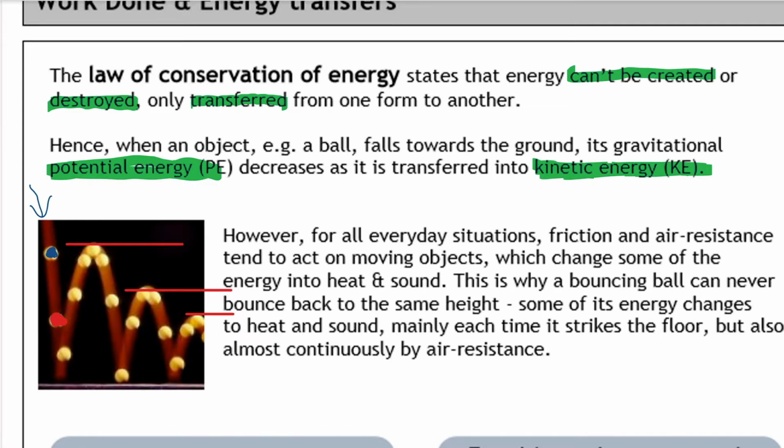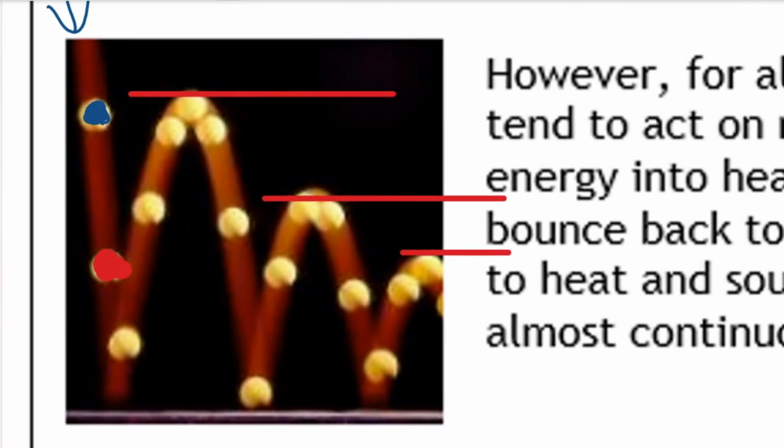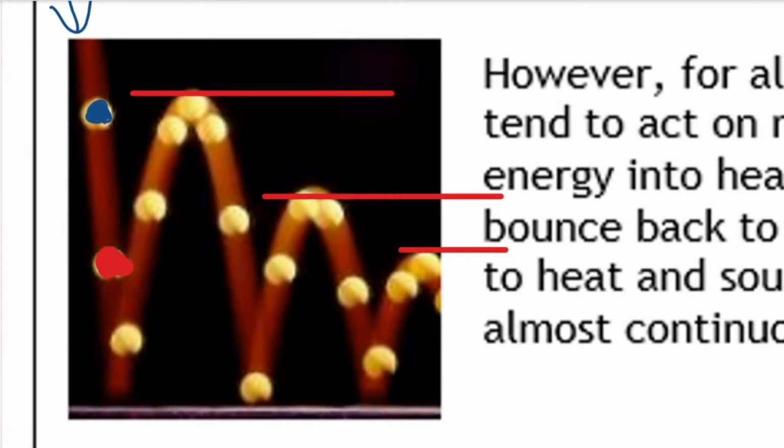The reason for this is because energy is lost. Energy is lost in two different ways. It's lost due to the ball, as it goes through the air, rubbing up against air particles. So as this ball is moving down here, it's rubbing up against tiny little air particles. And we've already learnt that would be called air resistance.